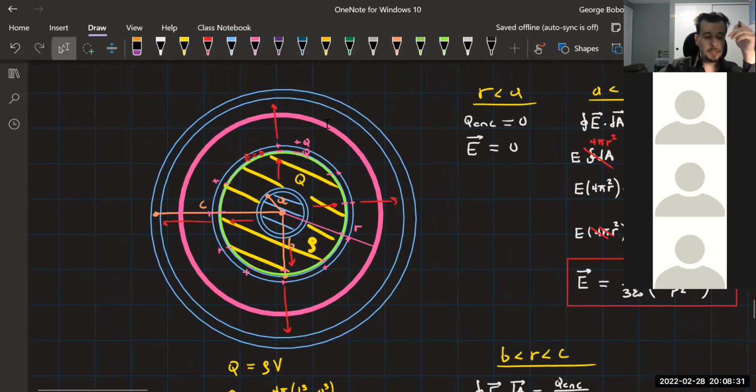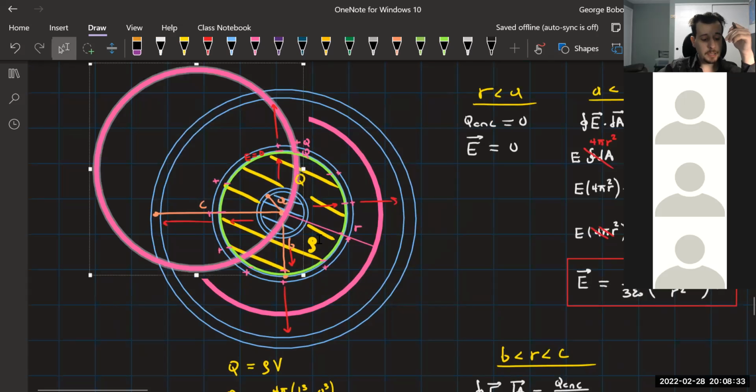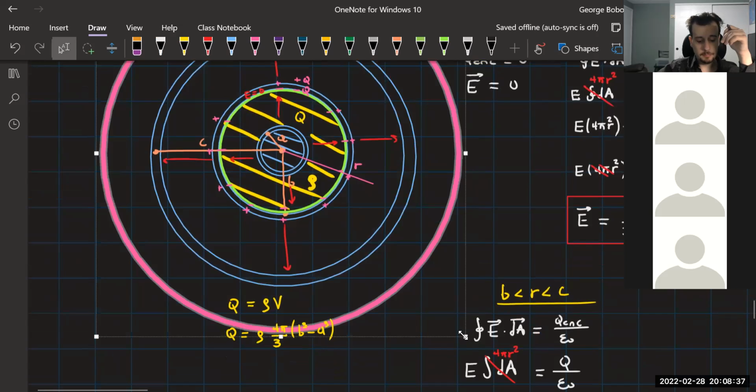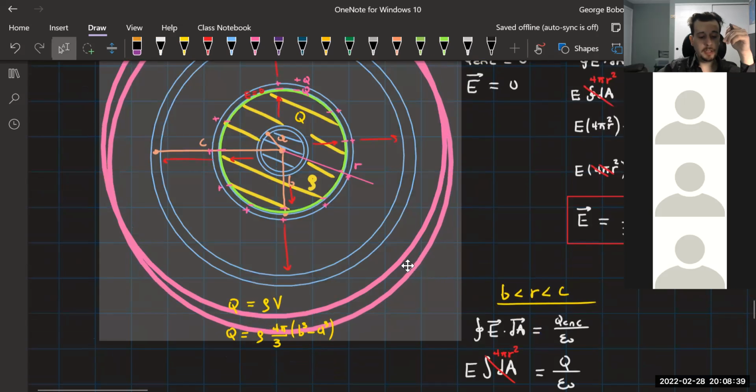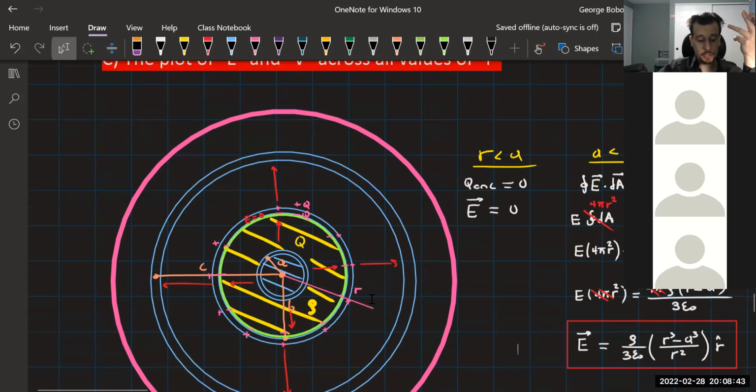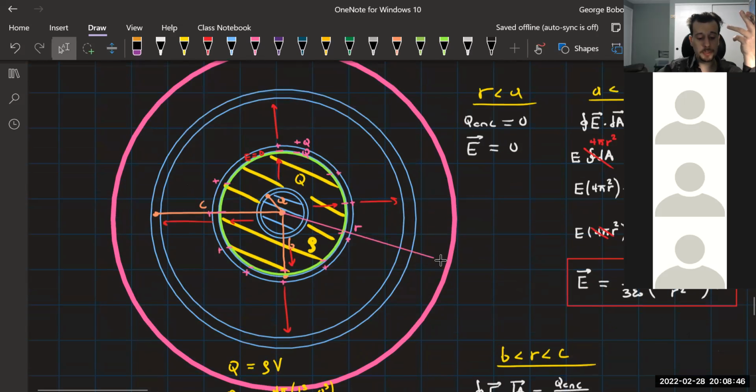And now I'm wondering again, what happens outside the entire contribution, like when I'm out here. So I grow the Gaussian sphere even further. And its radius right now is going to be whatever this is, just r. And so you're wondering right now, what's going on outside?